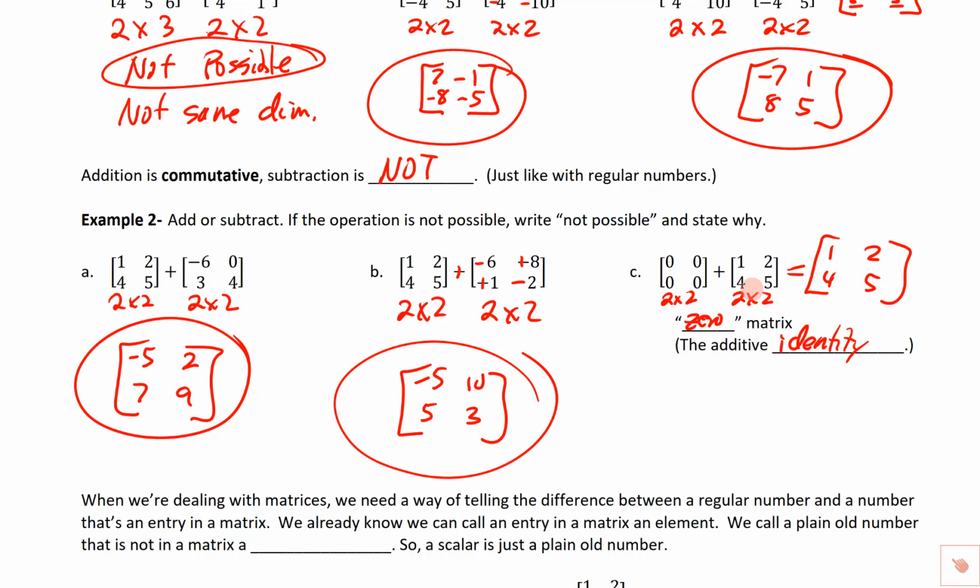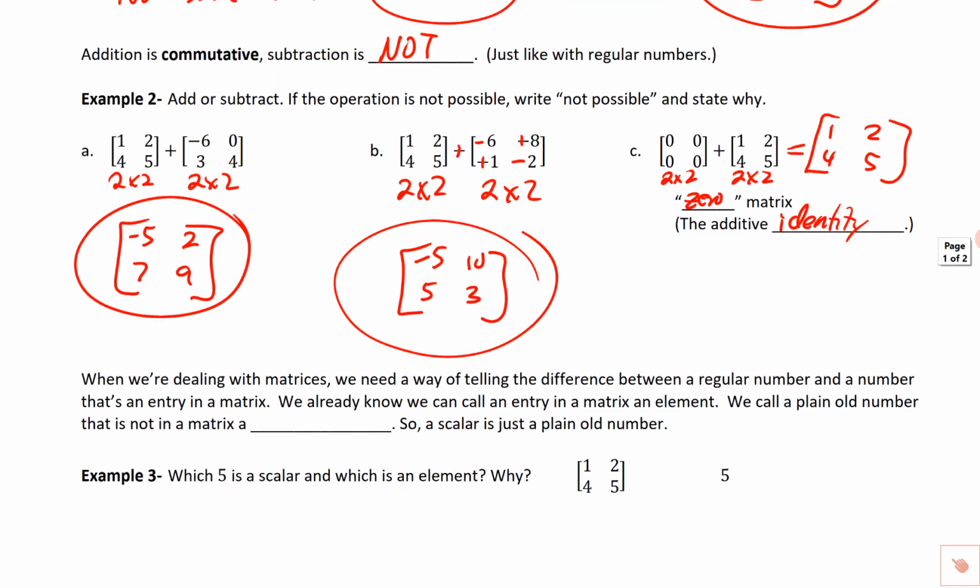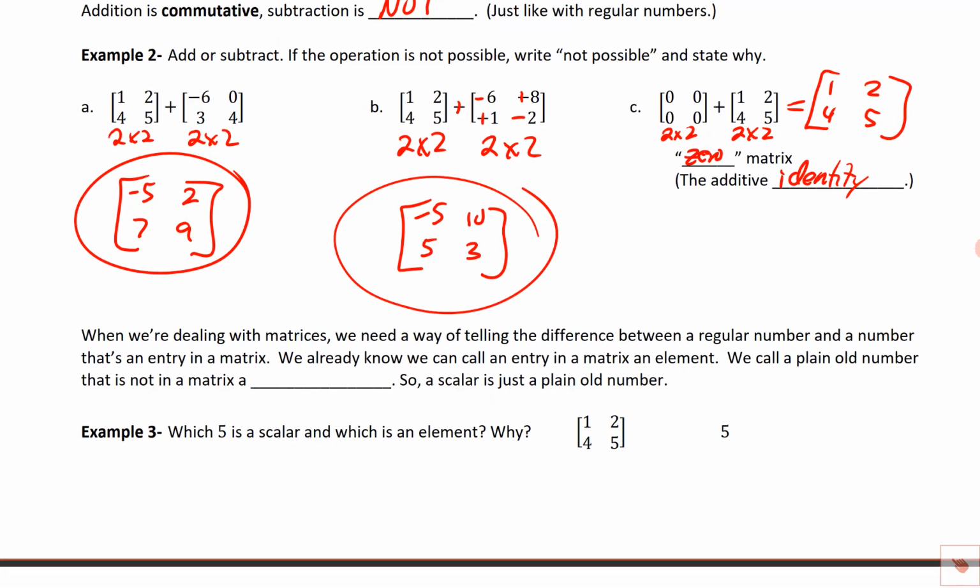Now, when we're dealing with matrices, we need a way of telling the difference between a regular number and a number that's an entry in a matrix. So we already know that we can call an entry in a matrix an element. The numbers inside the matrix are called elements or entries. So we call a plain old number that's not in a matrix a scalar. That's how you spell scalar.